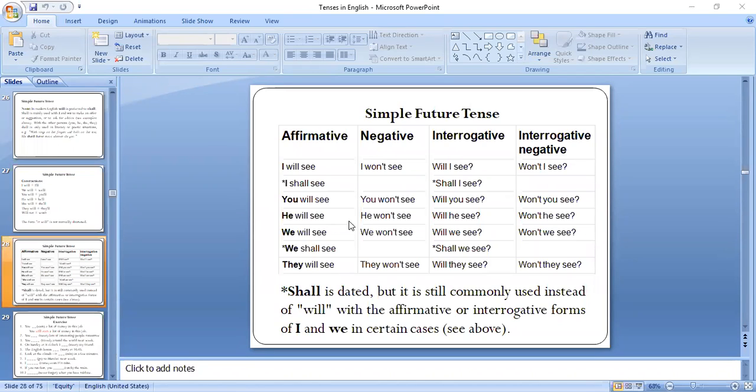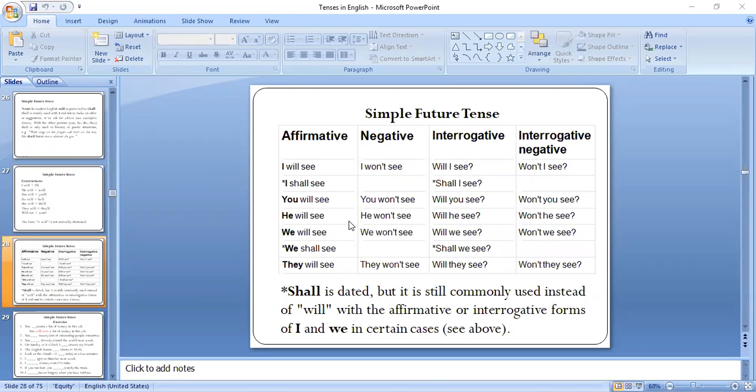Then with you, if you is the subject of the sentence, then you will see. If this is the affirmative, its negative will be you won't see. Its interrogative will be will you see? We have to just use will for making the interrogative.